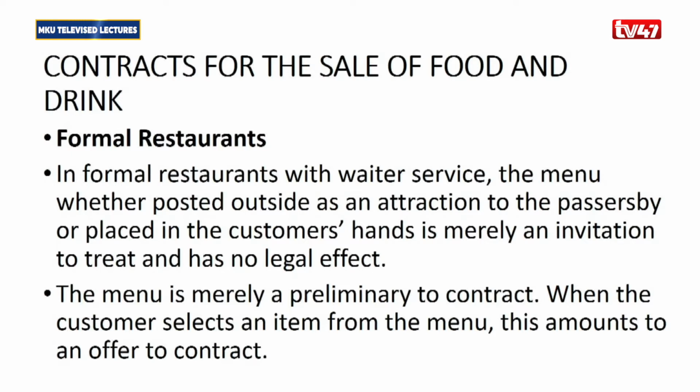Two is that the menu is merely a preliminary to contract. When the customer selects an item from the menu, this amounts to an offer to contract. So until the customer chooses an item from the menu, the contract will not start.